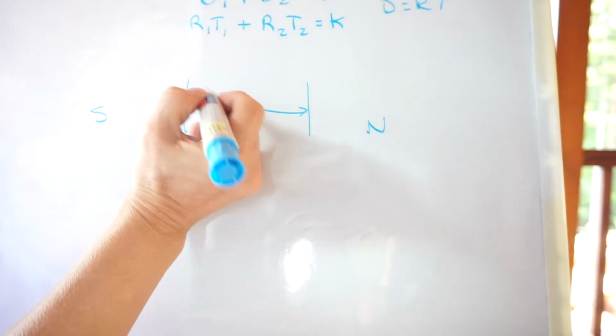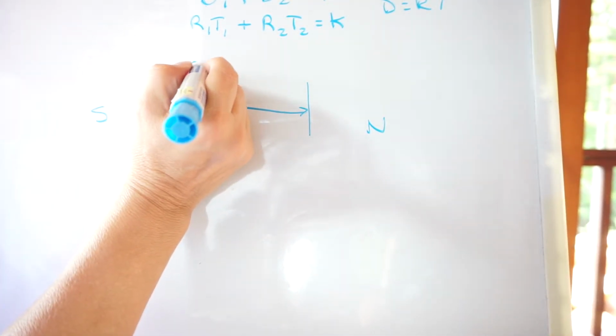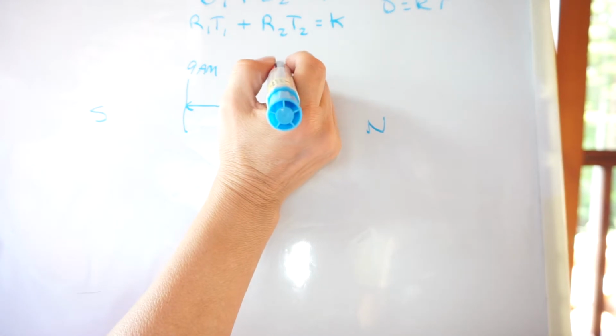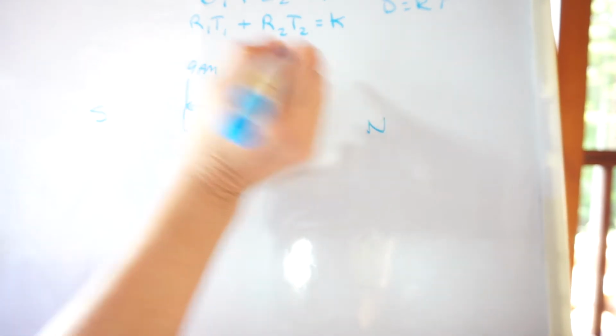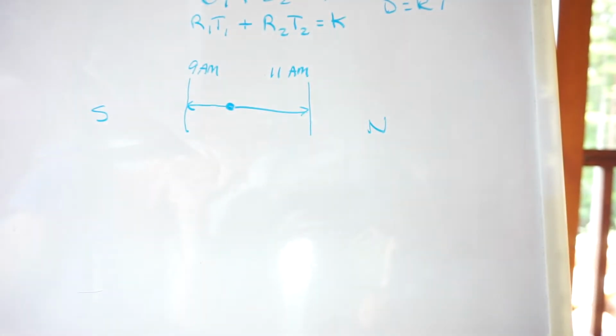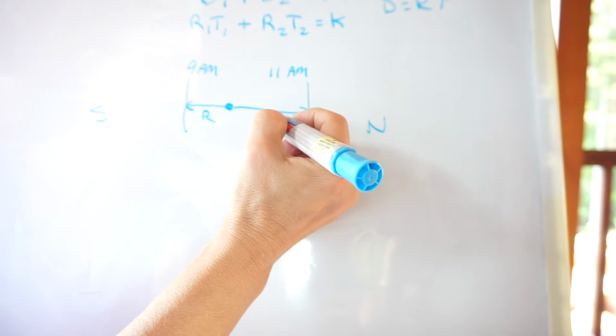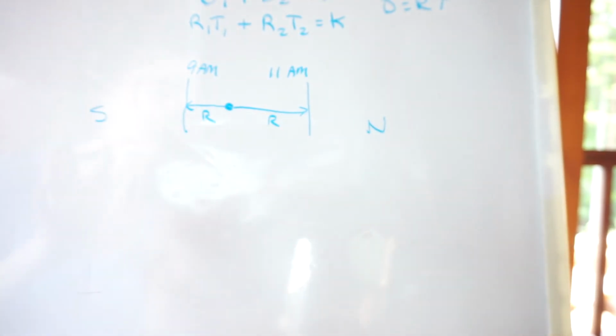This one left at 9 a.m. Two hours later, so this one's leaving at 11 a.m., from the same station. If the buses have traveled at the same rate, we can just say rate 1 is equal to rate 2, or we can simply call it rate.